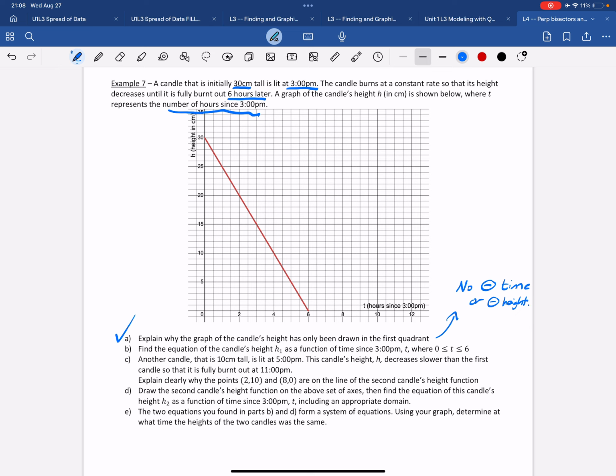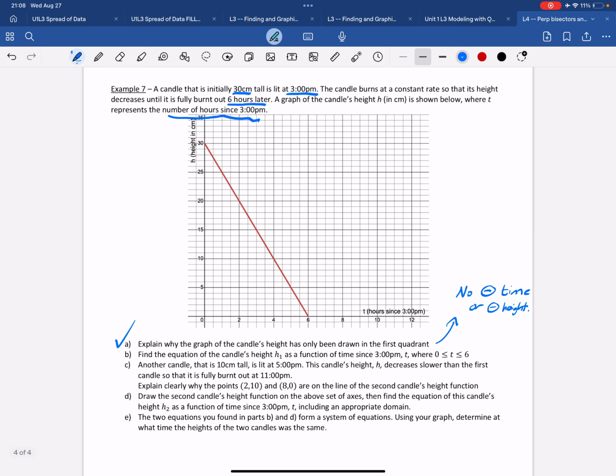Done. Find the equation of the candle's height as a function of time since 3 o'clock where T is from 0 to 6. Okay, so we can use any point. Let's use the point 0, 30. So that means y minus 30 equals something times x minus 0.